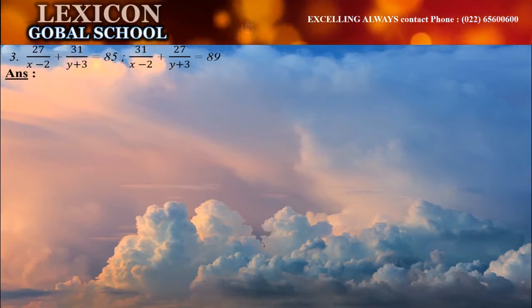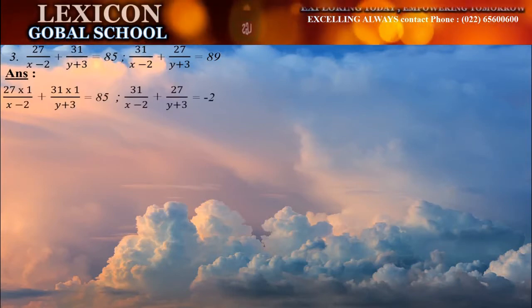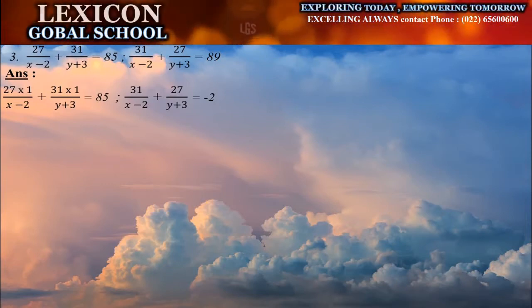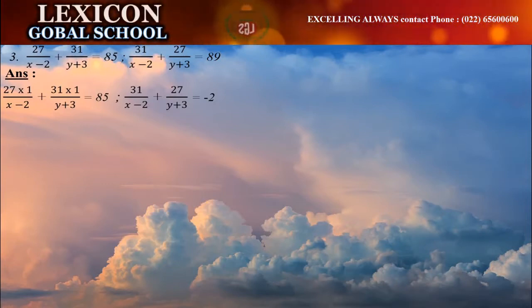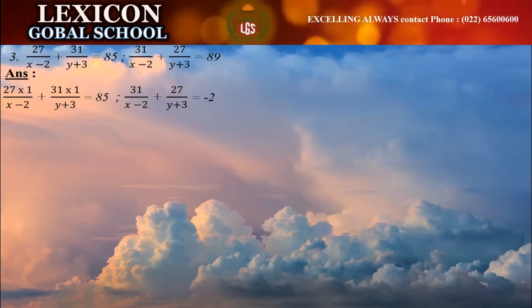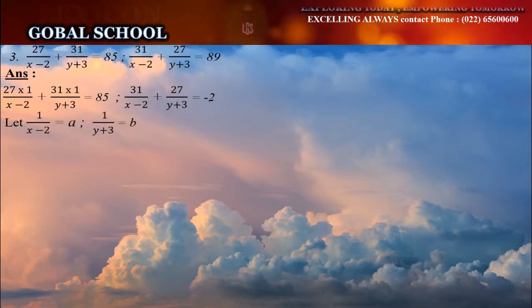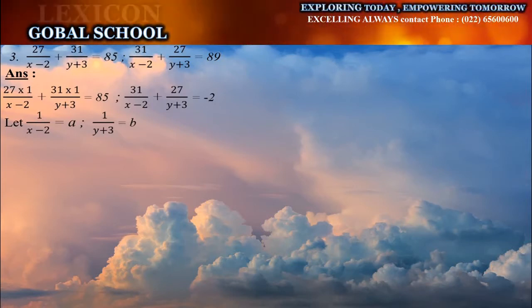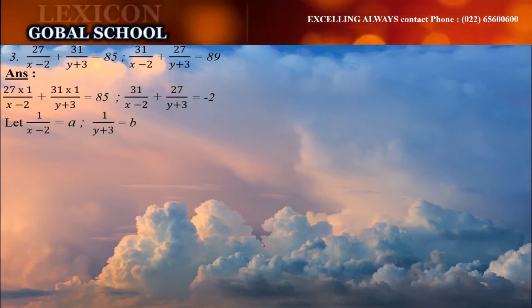Let us first substitute the values. How? 27 into 1 upon x minus 2 plus 31 into 1 upon y plus 3 is equal to 85. So, we are going to substitute 1 upon x minus 2 is equal to a and 1 upon y plus 3 is equal to b.